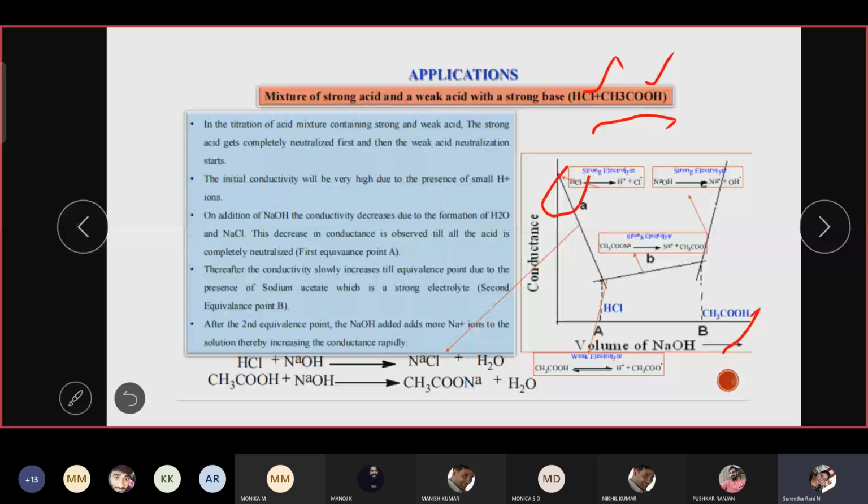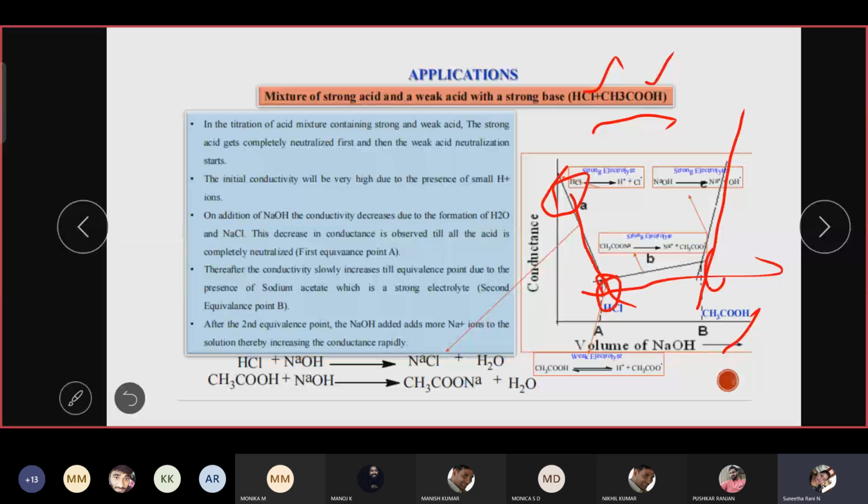First it shows maximum conductance because of H+ ions. Slowly it decreases. Then you can see an increase in conductance after neutralization of the HCl. If you add further NaOH, you can see a steep increase in the conductance. So you get two equivalence points: one for HCl, the strong acid, and another for the weak acid, CH3COOH.